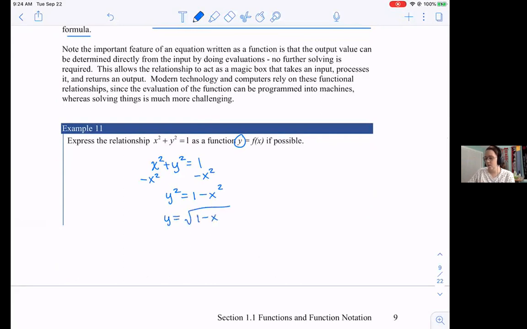But we know, don't we, from Algebra 2, what happens when you take a square root? What do you have to be careful of when you take a square root? So when we take this square root, we have a positive square root and a negative square root. So this cannot be expressed as a single function.